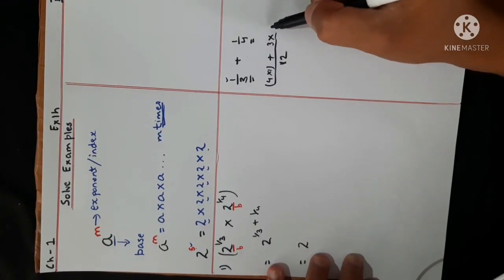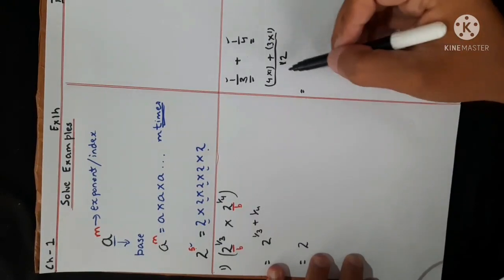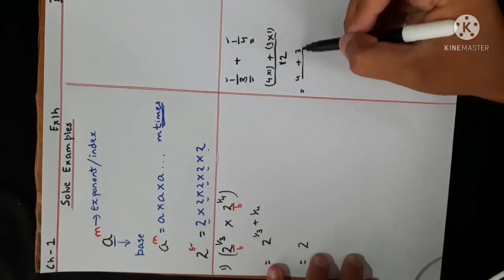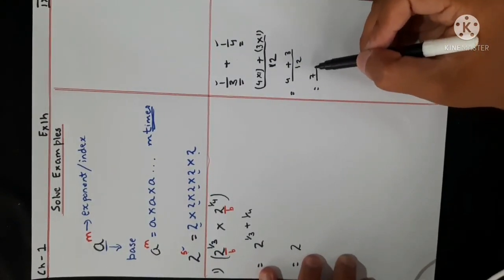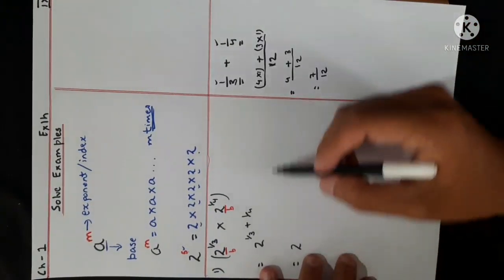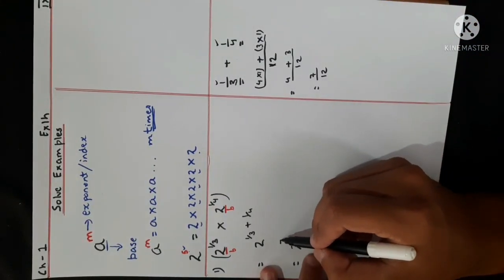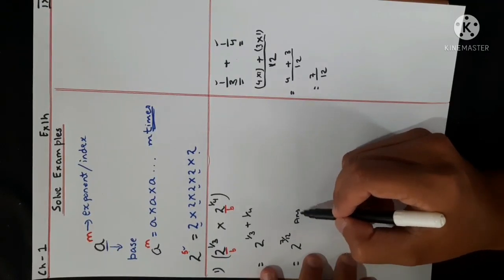This 3 we multiply with the numerator 1. So 4 multiply 1 equals 4, plus 3 multiply 1 equals 3, over 12. 4 plus 3 equals 7. So 1 by 3 plus 1 by 4 equals 7 by 12, and we write here 7 by 12, and this is the answer.